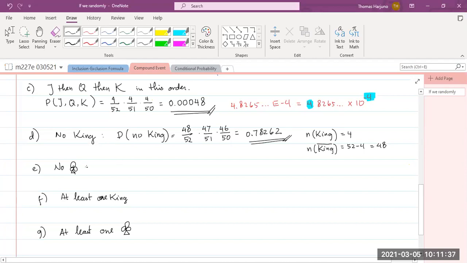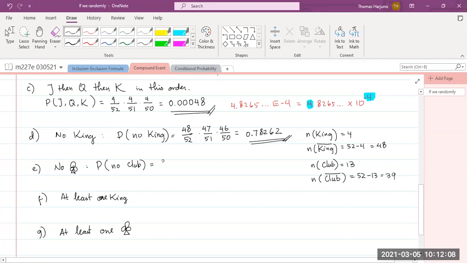That's for part D. Part E, what is the probability of no club? How many club cards? The number of club cards is 13. So the number of cards that are not club will be 52 minus 13. There are 39 cards that are not club.